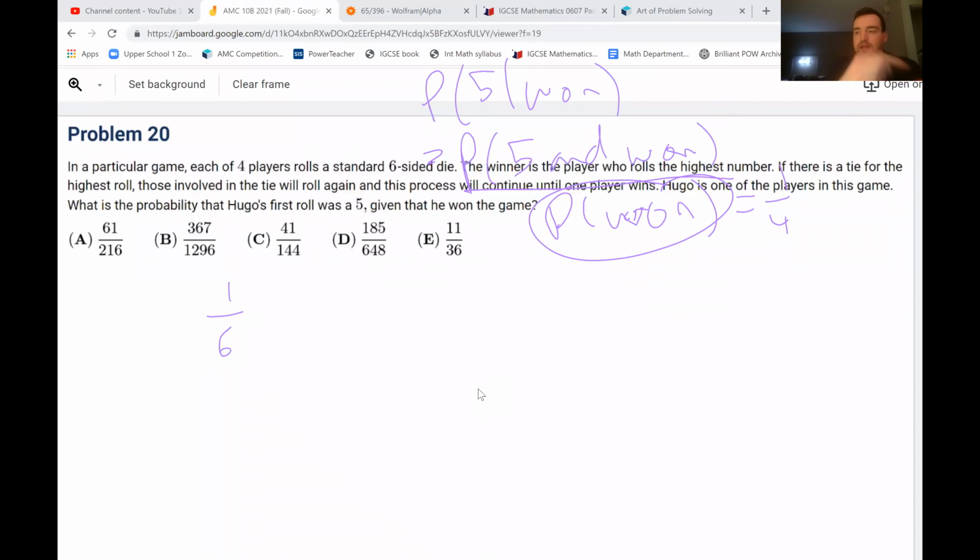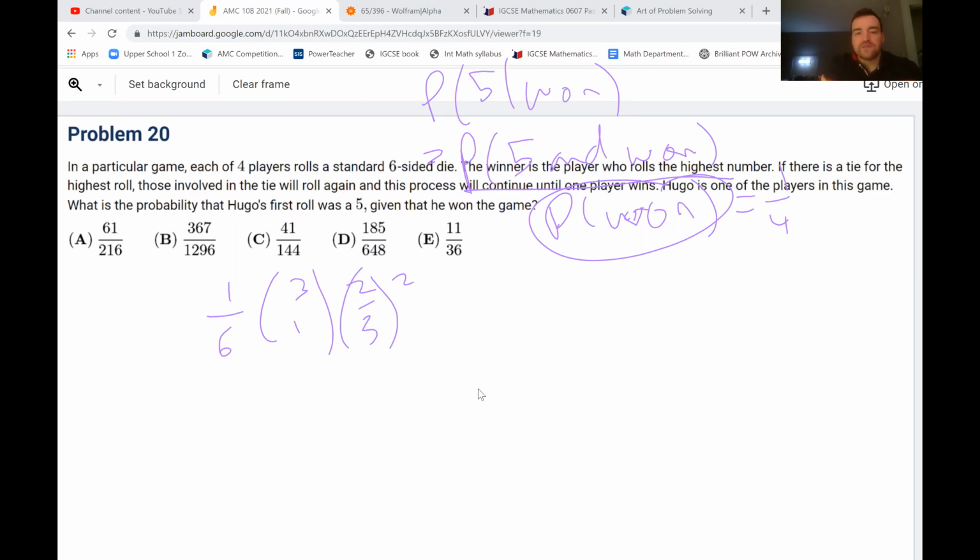Now we need one other person to tie with him, so we need to choose one of the 3 people to tie with him. And then the other 2 people need to get something that's 4 or less, which is 4 out of 6 or 2 out of 3. They each would need to get something less than a 5.